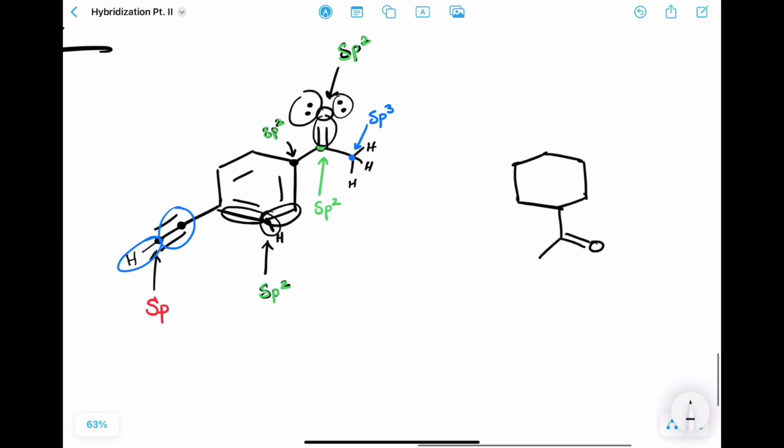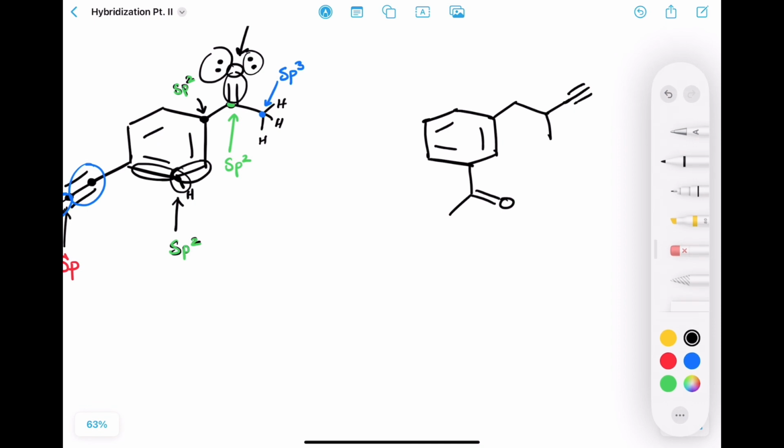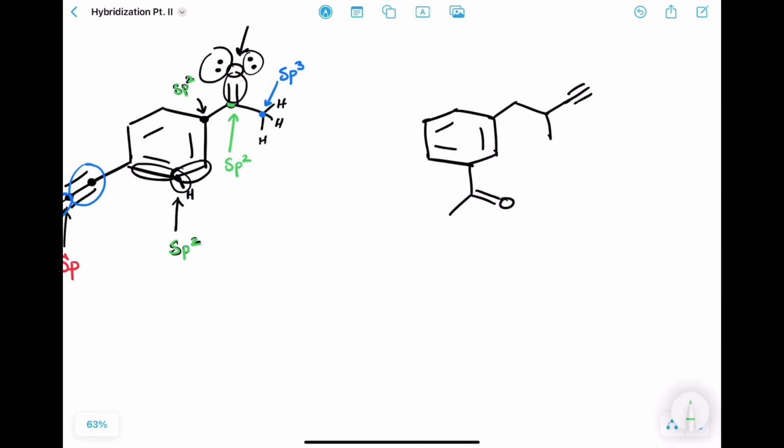Very similar. When we look, any atom that has a double bond on it: this has a double bond right here, this has a double bond, that has a double bond, that has a double bond, that has a double bond.